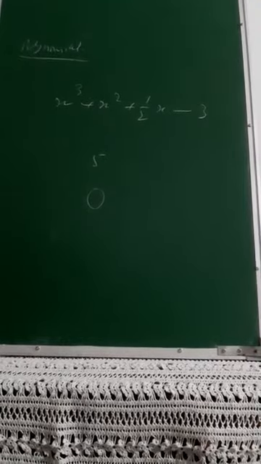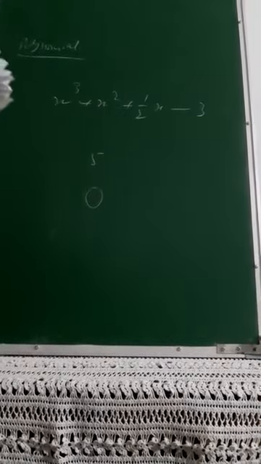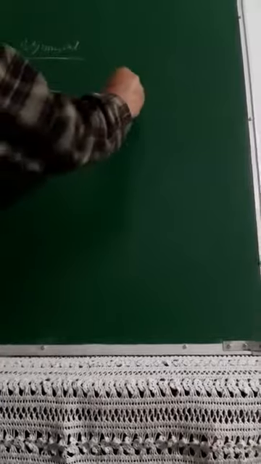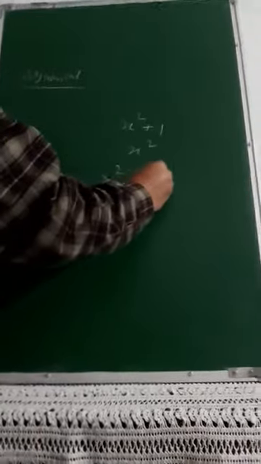Give one example each of the following. This was your question number 2. Quadratic polynomial. You know quadratic polynomial always consists of degree 2. Suppose you have written simply x square plus 1 or x square, or x square plus 3x. All these can be the example of your quadratic polynomial.